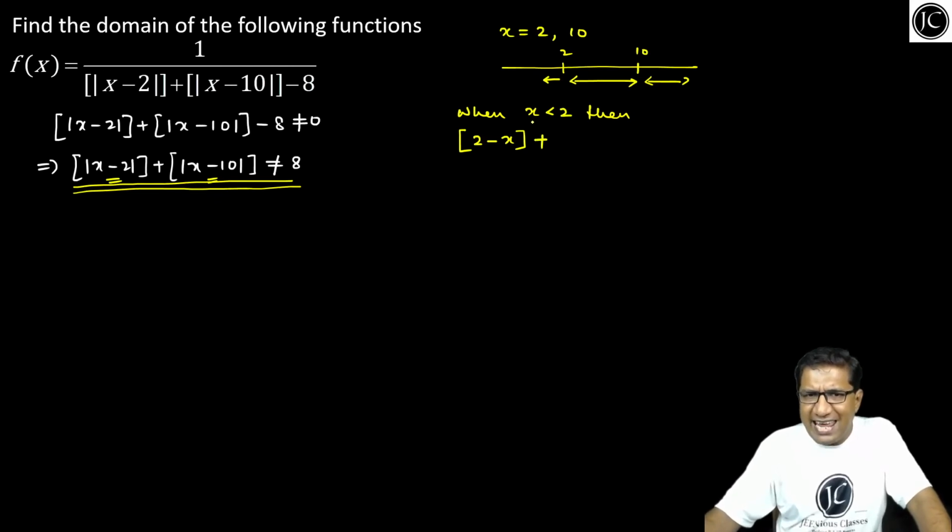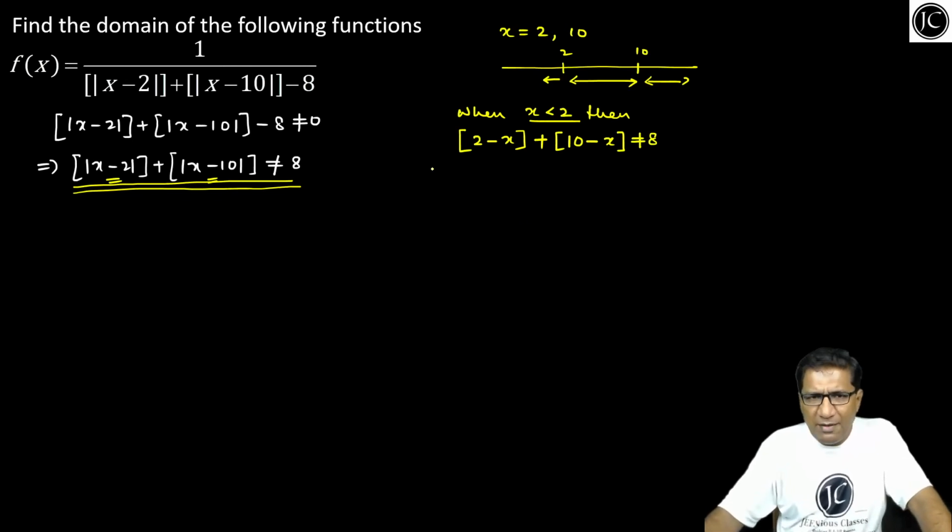Plus, as x is less than 2, your x minus 10 is definitely negative. इसका मतलब हुआ, इसको हम लोग लिखेंगे, to make it positive we will write this thing as 10 minus x, which is not equals to 8.